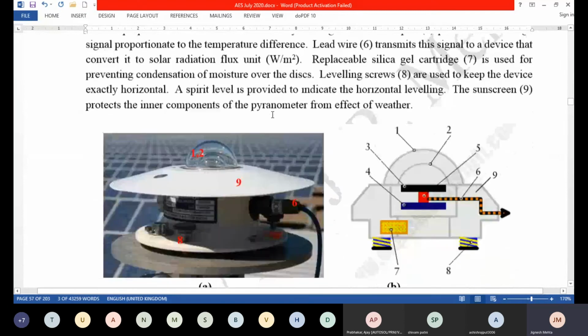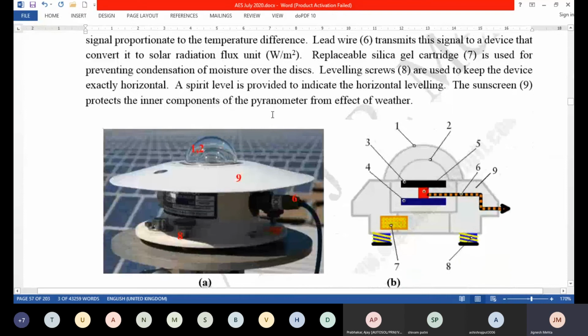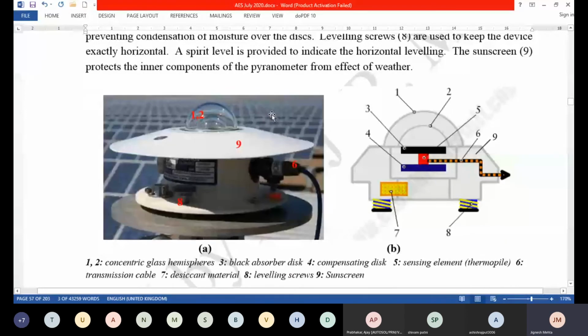So this figure gives you the picture and the construction details of a pyranometer. As you can see, the picture is seen here, and the cross section is shown here, and the components are numbered. 1 and 2 are two concentric glass spheres.